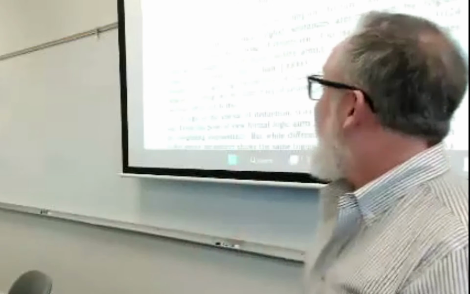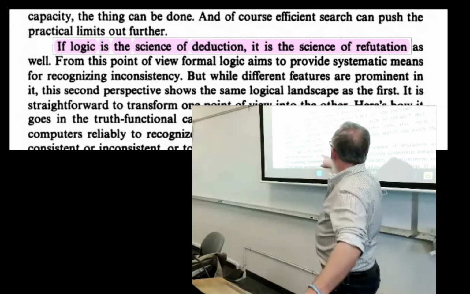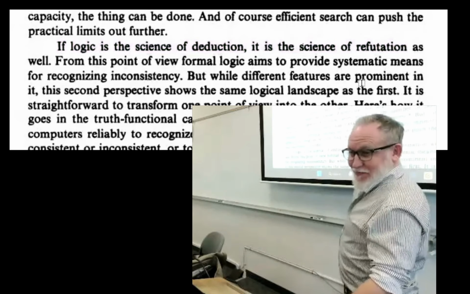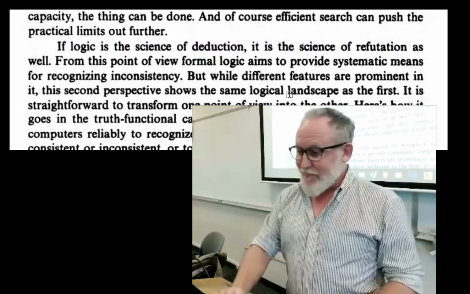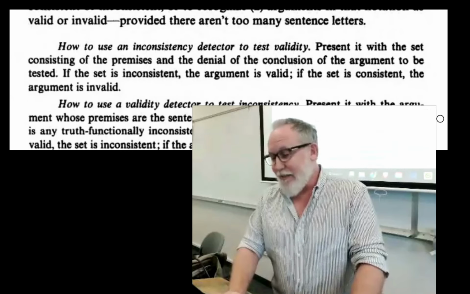And so this is where he kind of brings it home, in section 1.14. And especially in this paragraph: if logic is the science of deduction, it is the science of refutation as well. And this has to do with recognizing inconsistency.